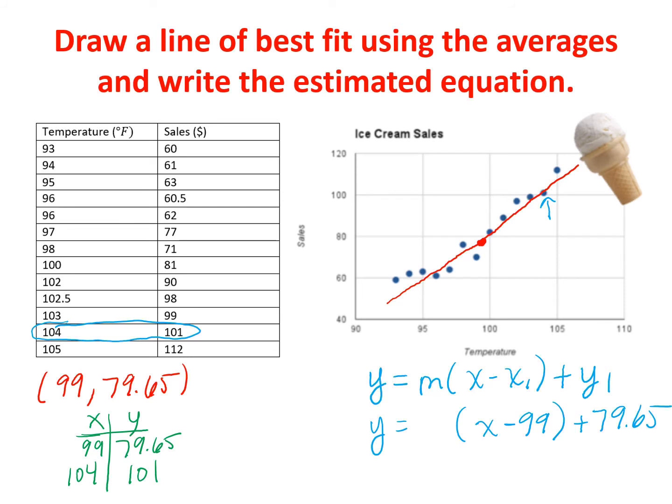Remember, our slope is our change in y over our change in x. And so the difference in 101 and 79.65, that would be an increase of 21.35. And then from 99 to 104, I think that's pretty easy to see. That's an increase of 5.